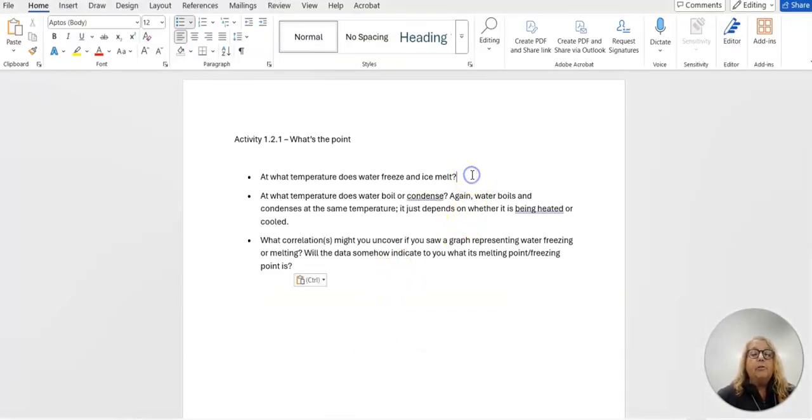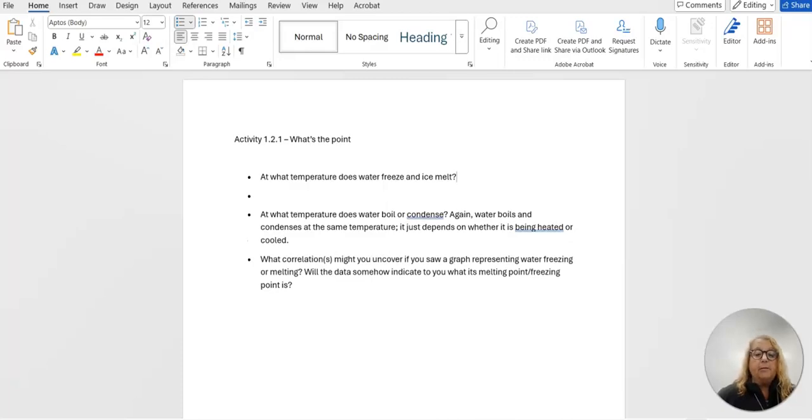At what temperature does water freeze and ice melt? Well, water freezes at 32 degrees Fahrenheit, and ice melts at, and I am going to make sure I'm right.